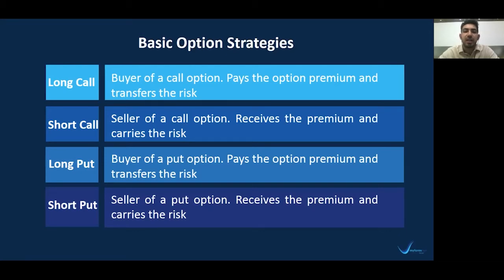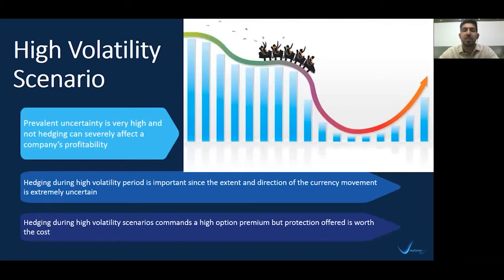Let's take a look at different market scenarios. The first scenario which we see is the most dreaded high volatility scenario. In case of high volatility, the uncertainty is also very high and the option premiums are very high during these periods.